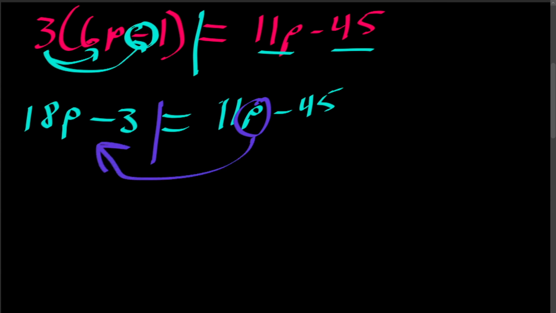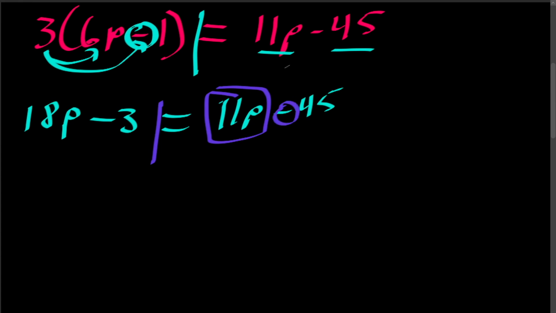But here's what you have to be careful with. I'm not just moving p. I'm moving the coefficient and the variable p. So I'm moving 11p. That's one whole piece. And if 11p and 45 are being subtracted, essentially that means I want to make 11p become 0. How could I do that?